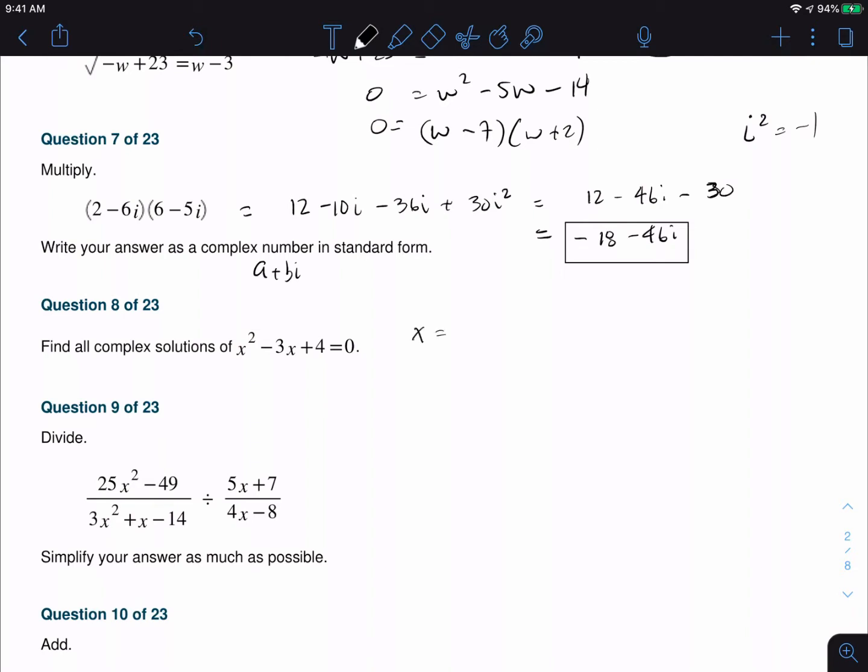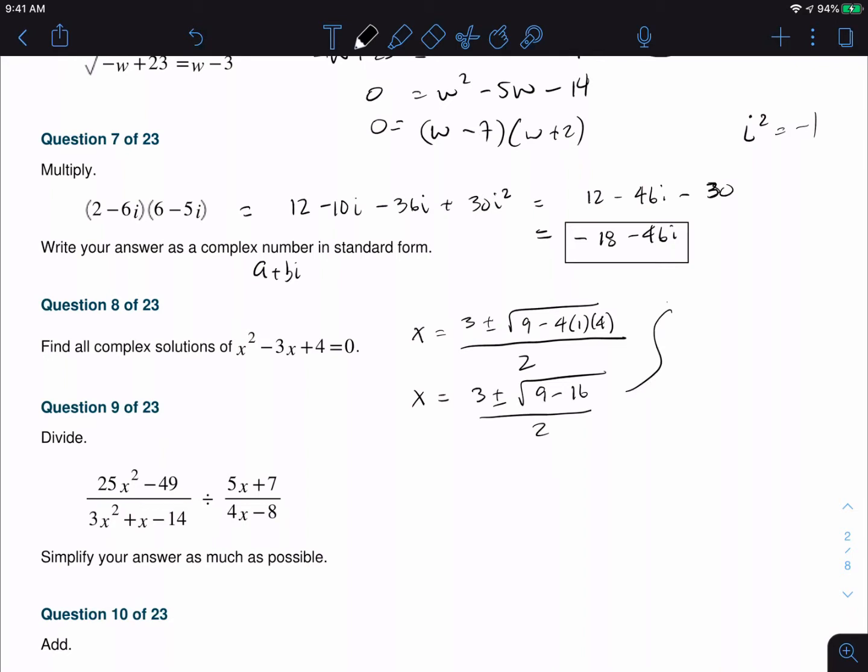So x is equal to 3 plus minus the square root of 9 minus 4 times 1 times 4, all over 2. And that's going to give me 3 plus minus the square root of 9 minus 16 over 2.